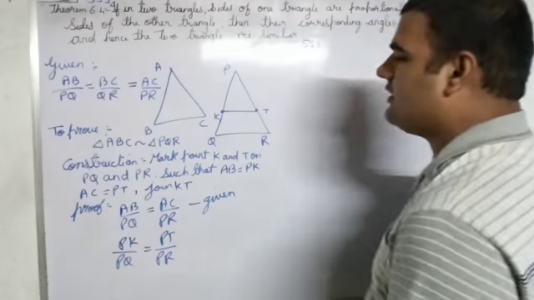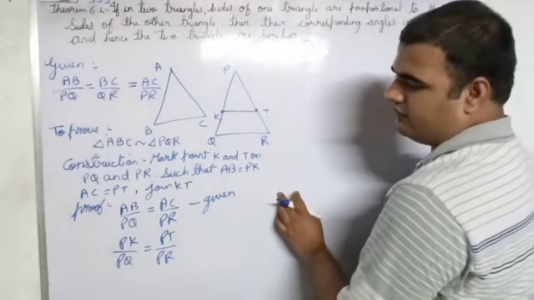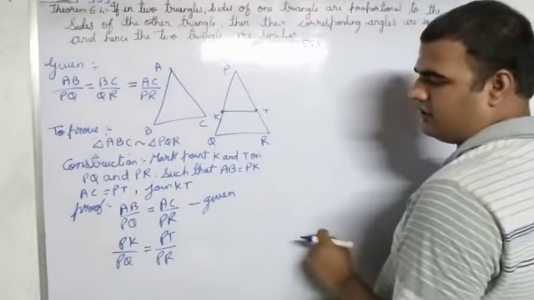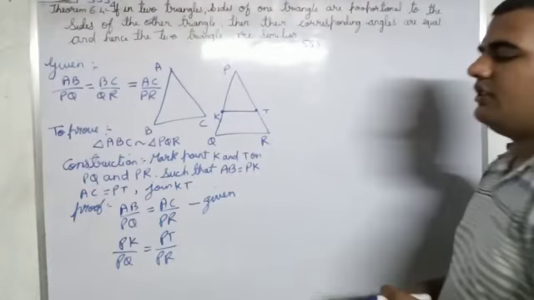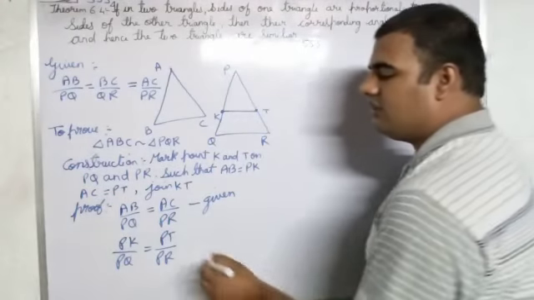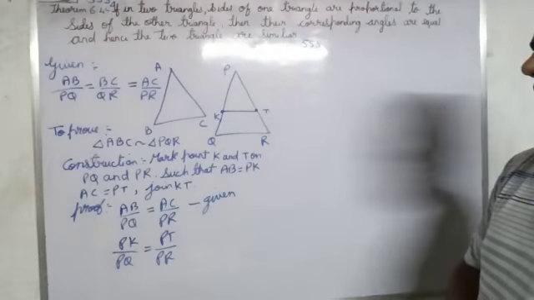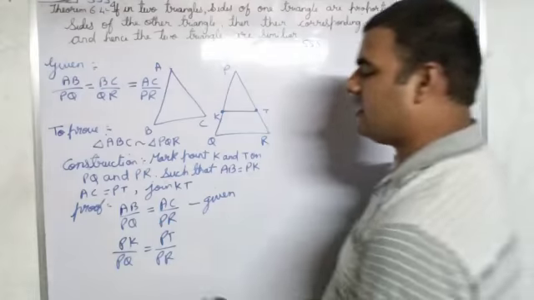Right? I can see PK upon PQ and PT upon PR. This is only possible with the help of Thales theorem. Yes, it's the converse of Thales theorem, we will say.